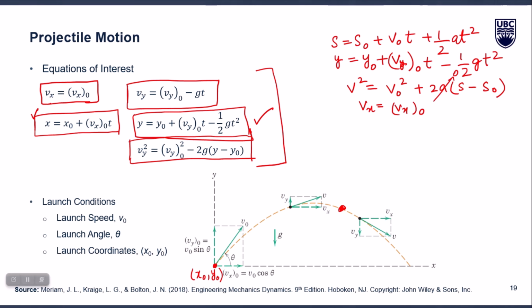Because currently, using these 2 equations for x and y, you can eliminate t from these 2 equations and write y as a function of x, and that will become the equation of the path, right? If you eliminate t from the equation for x and the equation for y and determine y is equal to f of x, you will see that it is the equation of a parabola, which means that the path will be perfectly parabolic when you are making all those assumptions, right?